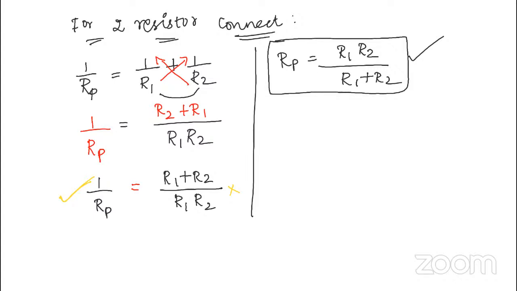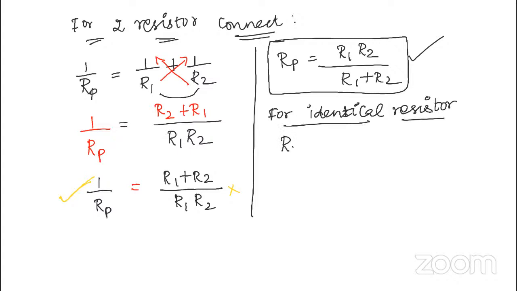இப்போ இங்கேயே ஃபார் ஐடென்டிக்கல் ரெசிஸ்டரா இருந்தது அப்படின்னா எப்படி ஃபார்முலாஸ் கால்குலேட் பண்றது? parallel கனெக்ஷன்ல ஐடென்டிக்கல் ரெசிஸ்டன்ஸ் எல்லா ரெசிஸ்டன்ஸும் ஒரே மாதிரி இருக்குது. ஐடென்டிக்கல் ரெசிஸ்டர்ஸ் ஓட வேல்யூஸ calculate பண்ண சொல்றாங்க அப்படின்னா we are using this formula. Rp is equal to R divided by N, or IP is equal to IT divided by N. Here N is a constant one.